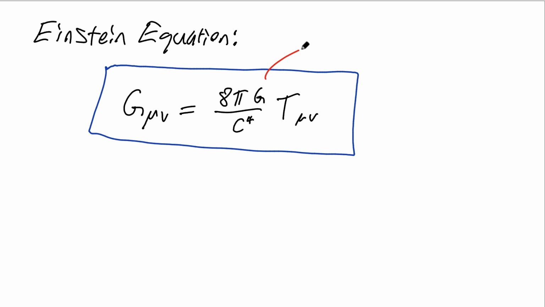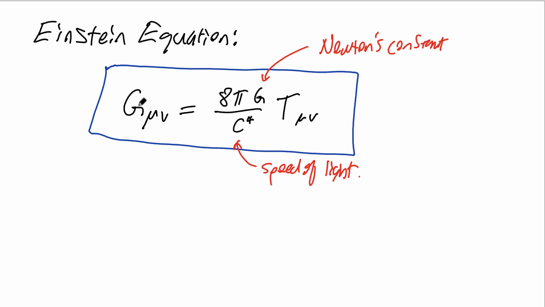These coefficients, first of all, G is just Newton's constant. C is, of course, the speed of light. Then on the left-hand side, we have this tensor, G mu nu, which is the Einstein tensor.